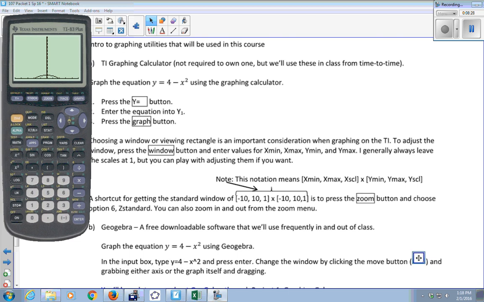Okay, so the way you choose that is you go to the window button, and we're going to change xmin, xmax, ymin, and ymax. Leave xscale and yscale and xres alone. You don't change anything except xmin, xmax, ymin, ymax.